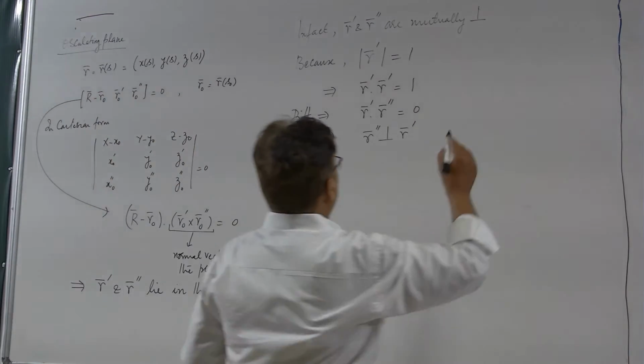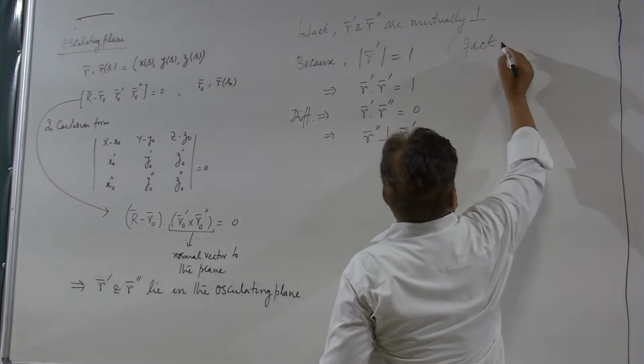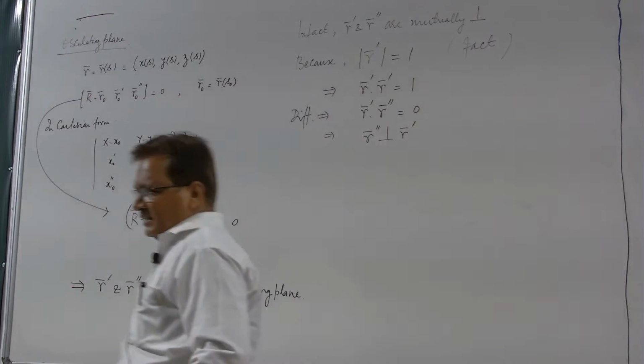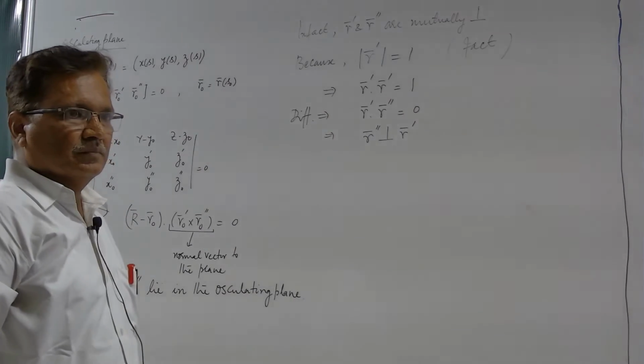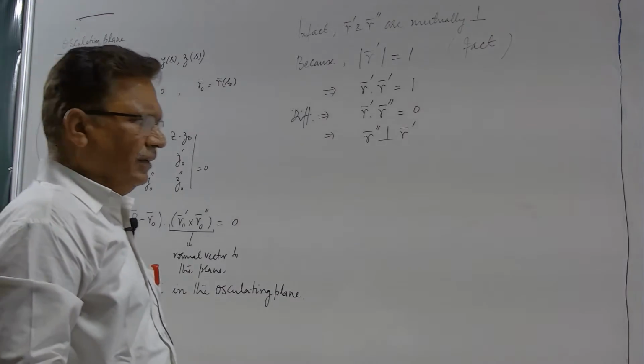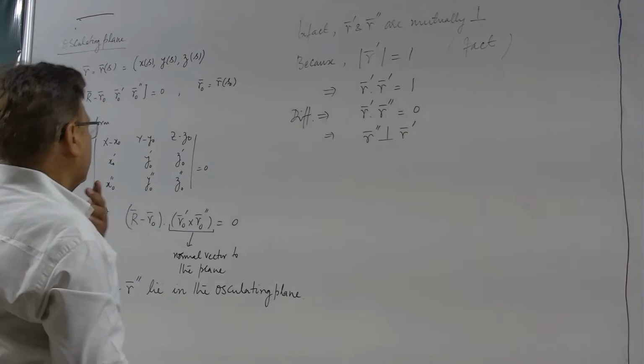This is a fact which we know from the beginning, that r dash is a tangent vector which is a unit vector. All right.